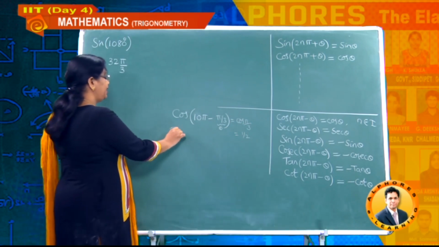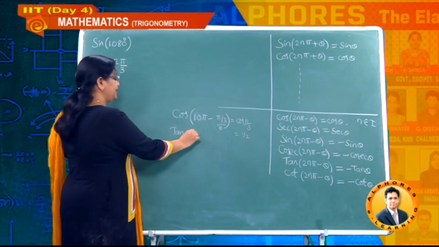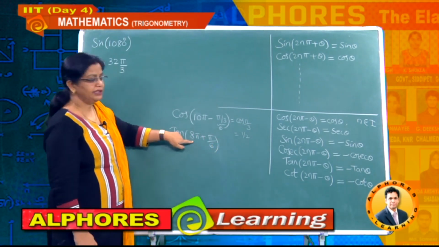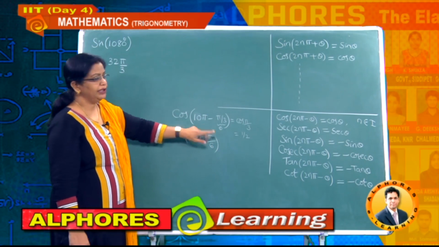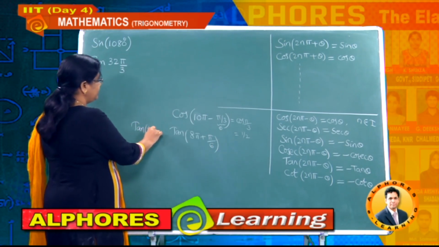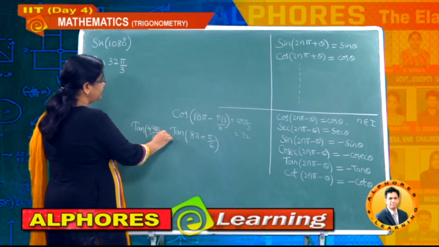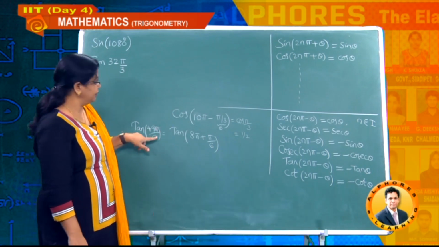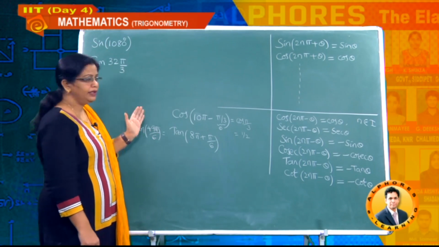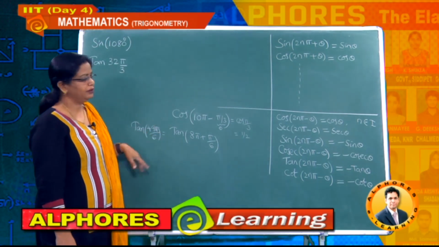And suppose it is given as tan of 8 pi plus pi by 6. If you take the LCM, what is the value? Actually it is 49 pi divided by 6. If you come across these kinds of values in problems, 49 pi by 6, there is no need to say pi by 6 means 30, and then calculate 49 into 30. Don't calculate in that way.